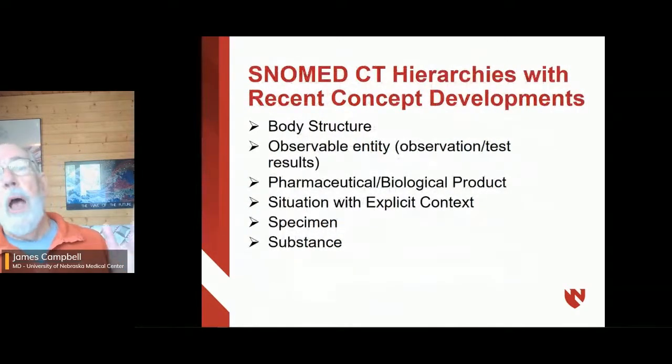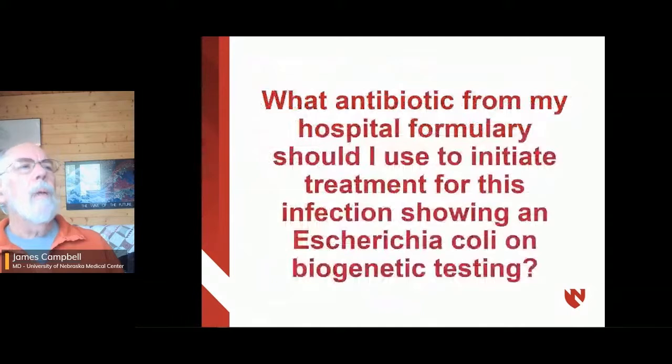Arguably, those hierarchies that have had the most work in the past decade are body structures, observable entities, which I'll talk about in a second, pharmaceutical products, situations, specimens, and substances. And well, what does all that mean? Let me give you a concrete example.